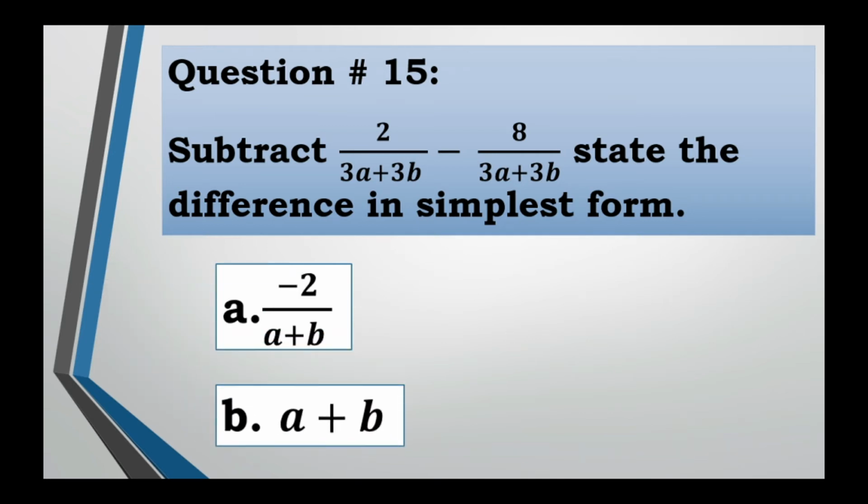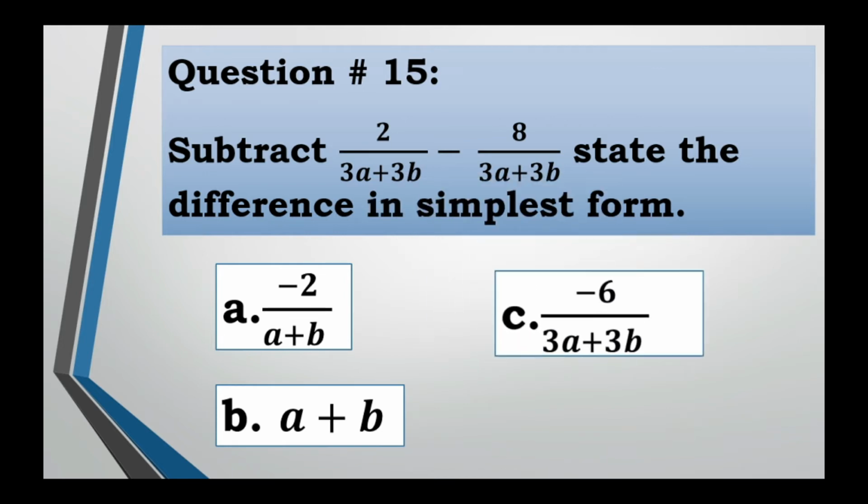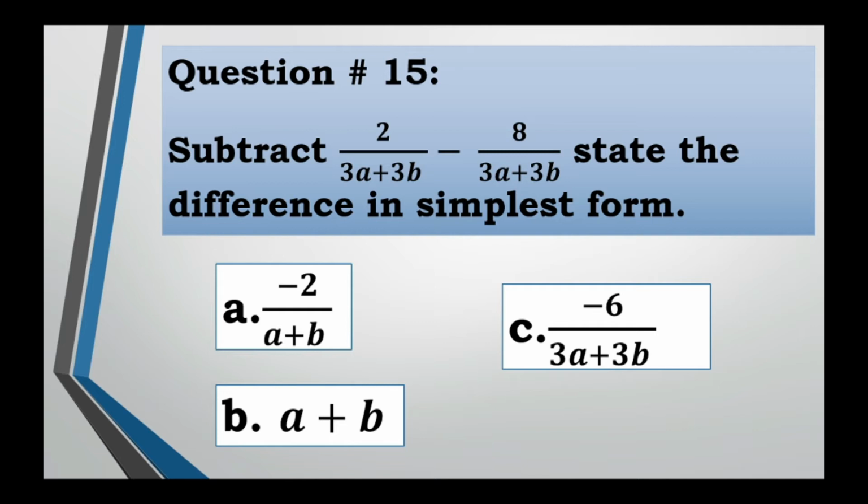Letter B, a plus b. Letter C, negative 6 over 3a plus 3b. Letter D, negative 6.